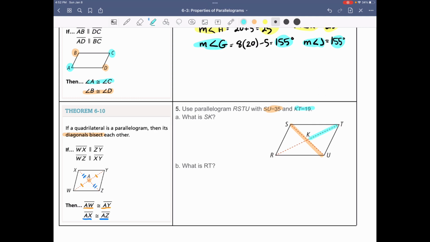They want to know what is SK. So we're going to write a formula. SK plus, so from here, S to K, if we add that to KU, then we get the whole length, which is SU.